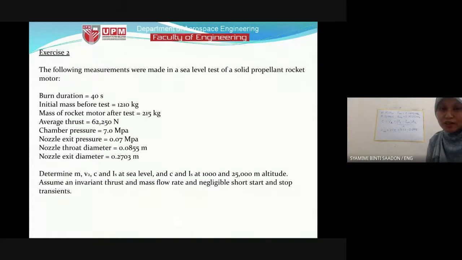Okay, so the ambient is higher than the exit pressure, divided by this one, 0.0574, the exit velocity divided by 34.9. Okay, so the effective velocity is still around 2,500, 2,527.